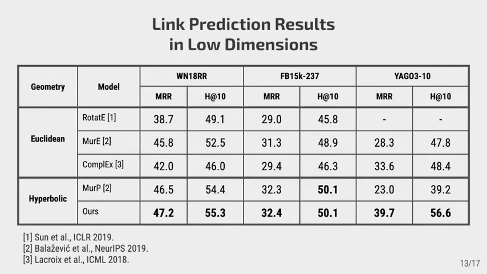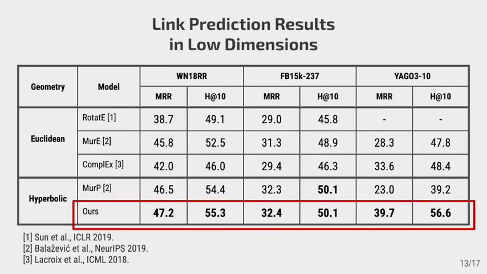As expected, we observe improvements in performance compared to state-of-the-art Euclidean embeddings on all benchmarks. Further, we also compare to MuRP, which is a translation-based hyperbolic method, and find that our approach obtains better results. This suggests that modeling logical patterns with rotations and reflections and attention yields better knowledge graph representations.